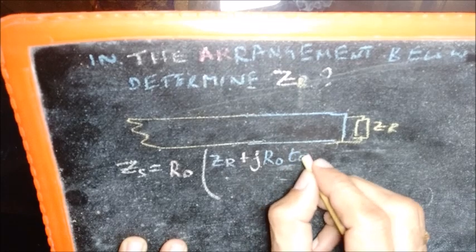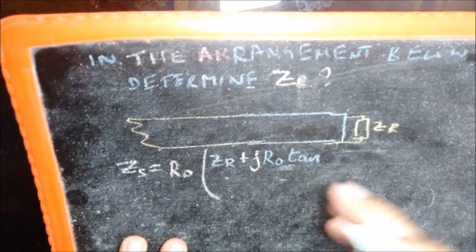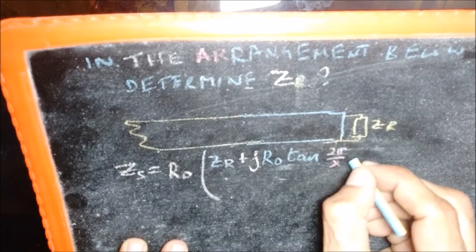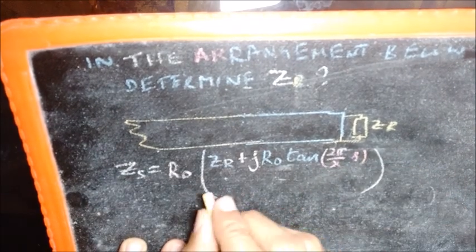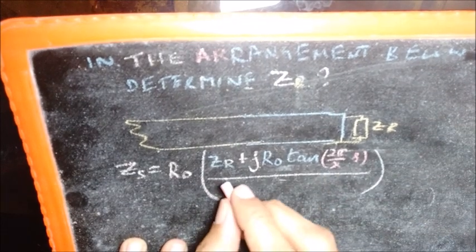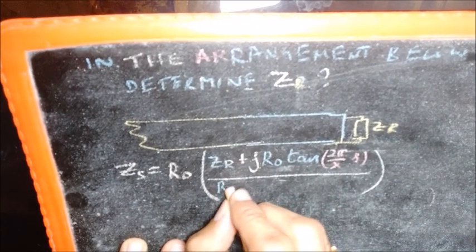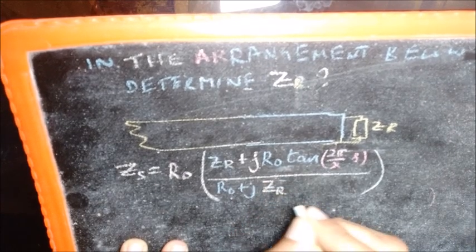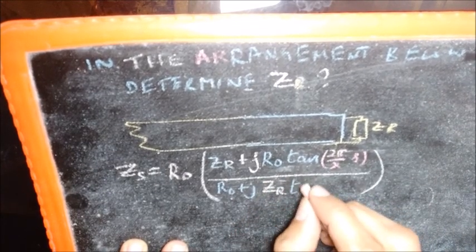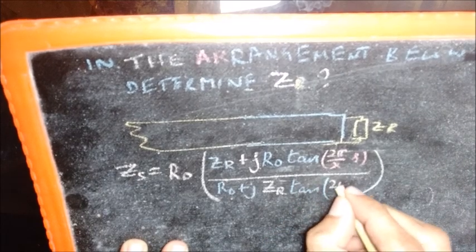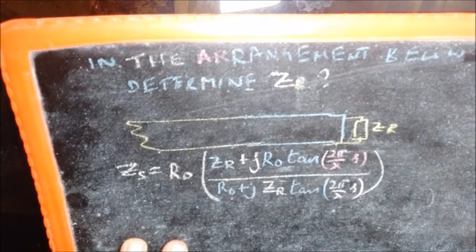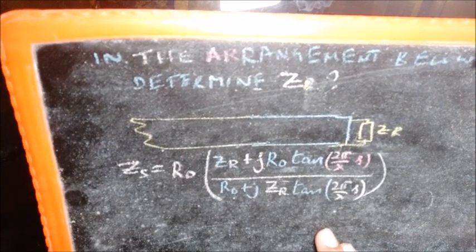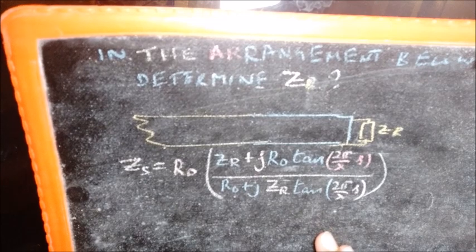So beta S I will write as 2 pi by lambda S. So we are aware of this relation.